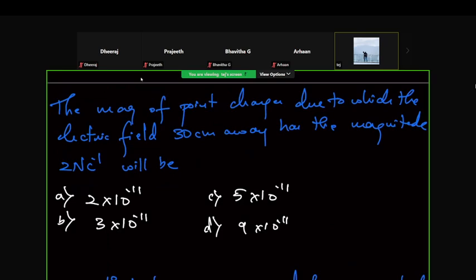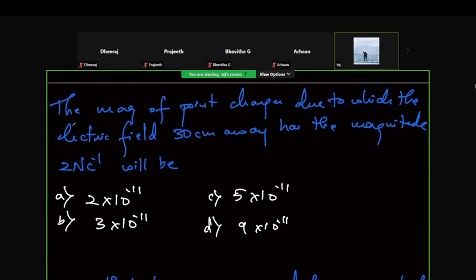Listen, the magnitude of a point charge due to which the electric field 30 centimeters away has the magnitude 2 N/C, 2 Newton per Coulomb, will be what? First of all, you need to understand the question. Ignore all these things.